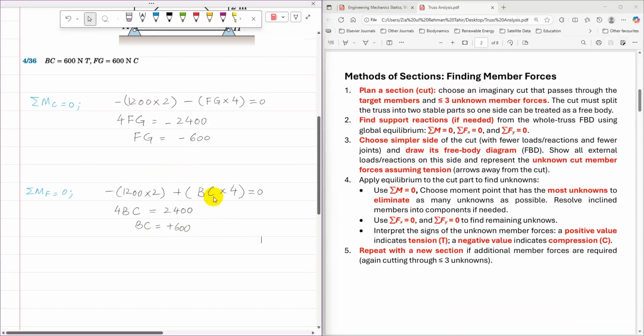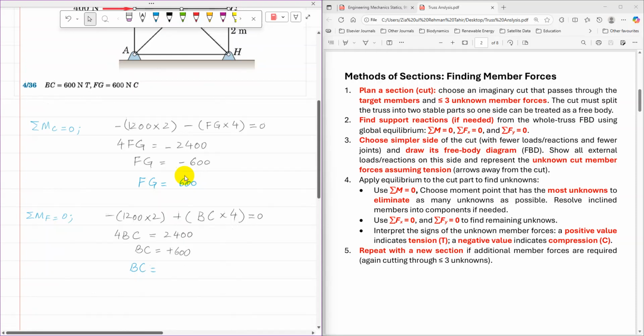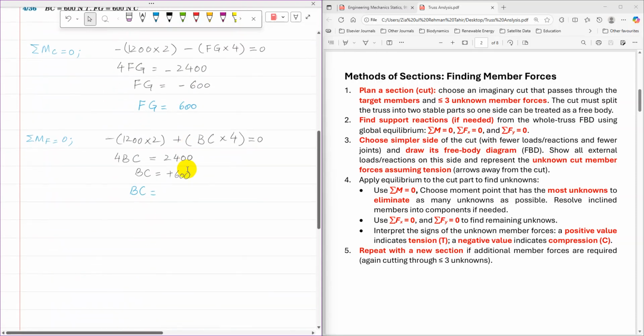Once member forces are calculated, then use the interpretation of sign of unknown member forces. A positive value indicates tension and a negative value indicates compression. So FG is negative, so FG is 600 Newton in compression, and BC is 600 Newton in tension.